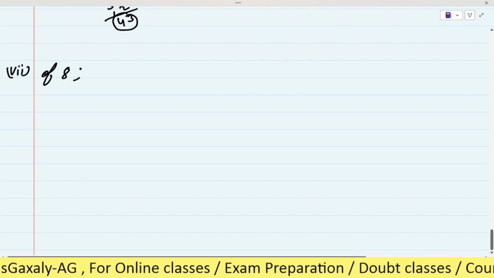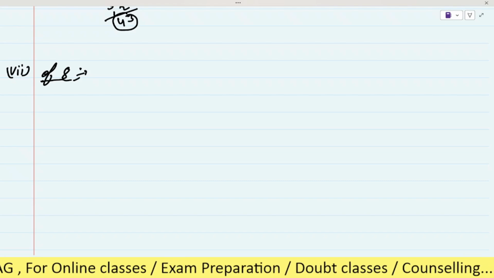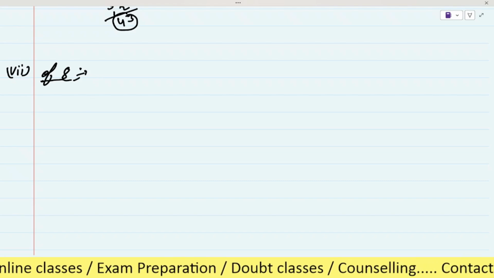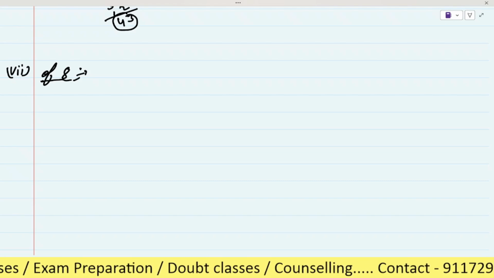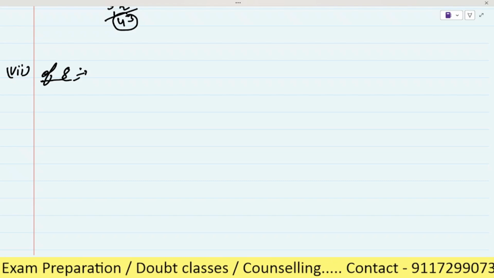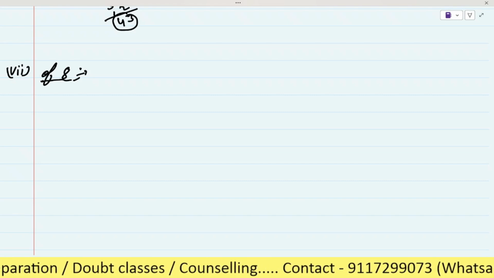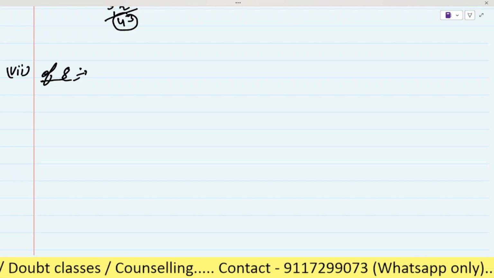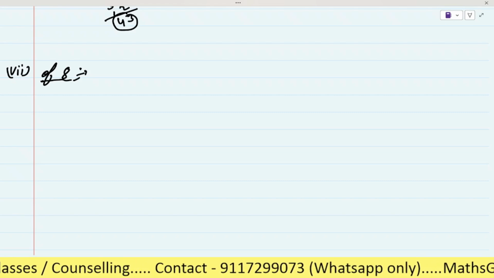Now let's see the divisibility rule of 8. So what is the divisibility rule of 8? The last two digits should be divisible by 8. No, no, no. This is for 4. For 4, the last two digits are divisible by 4.